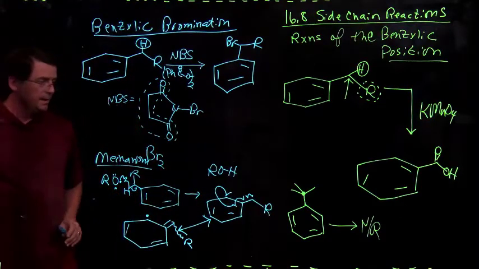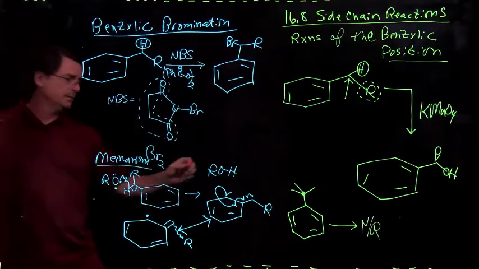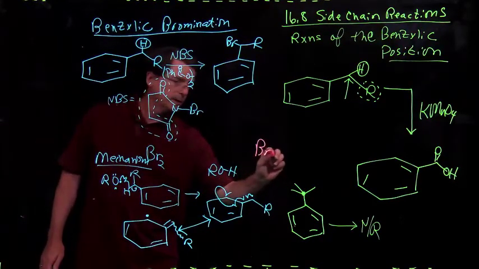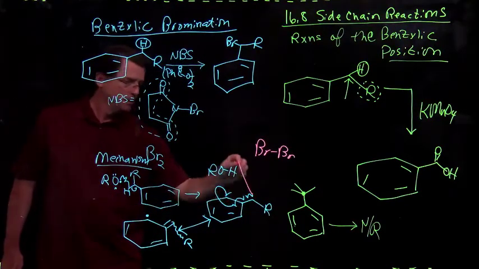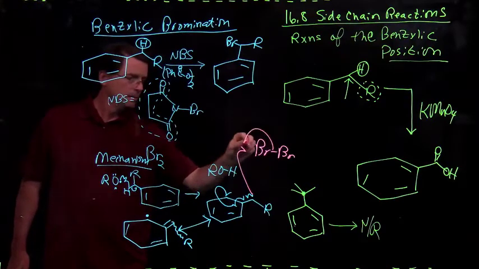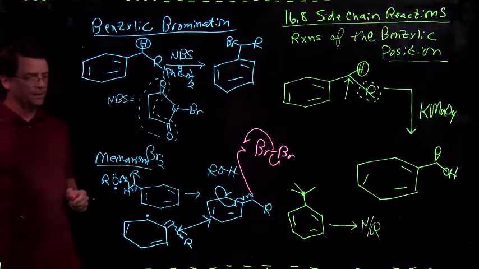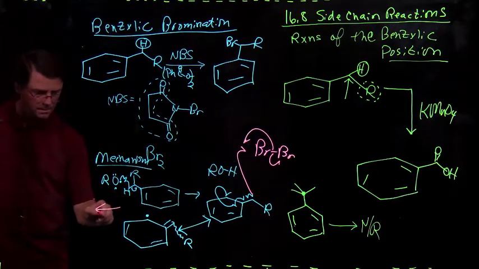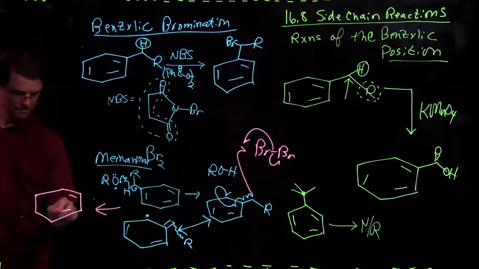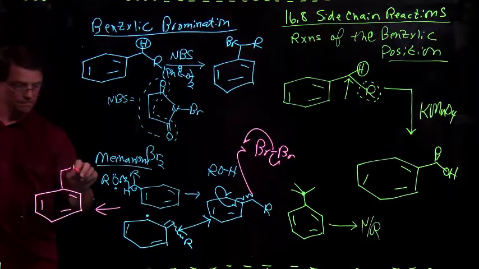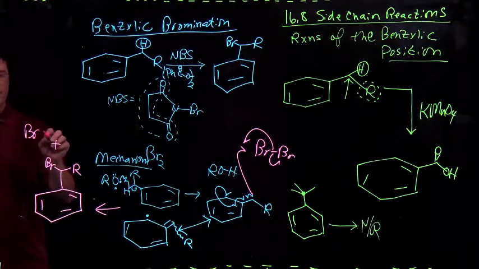intermediate. Then this intermediate, and I'm going to push the arrows a slightly different way now, can react with the Br. Okay? can provide the product, and it provides a bromine radical.